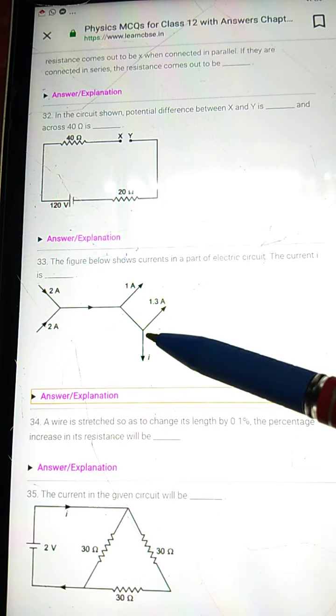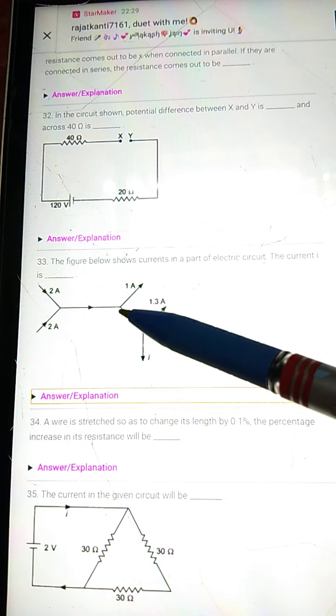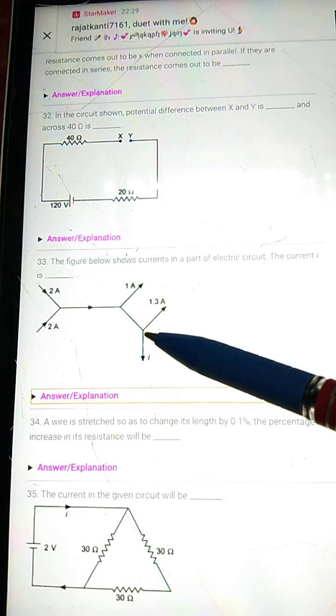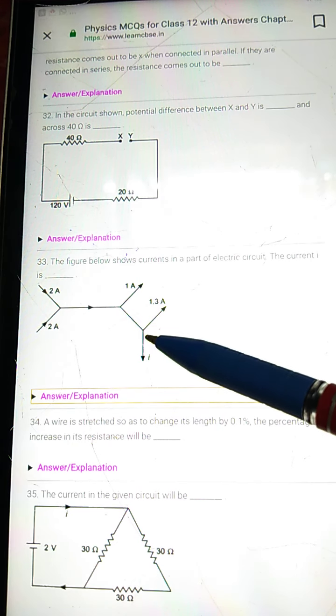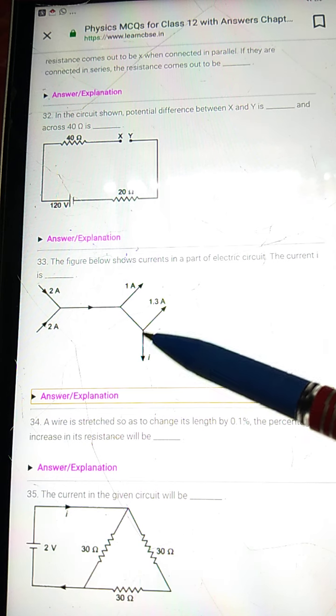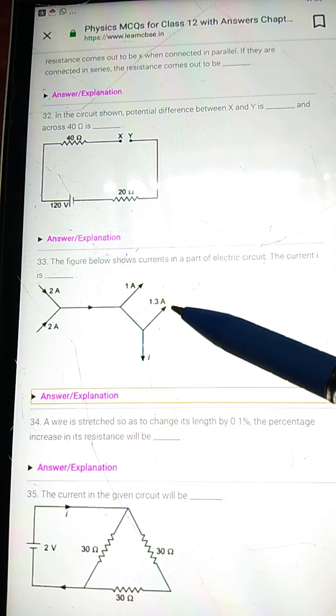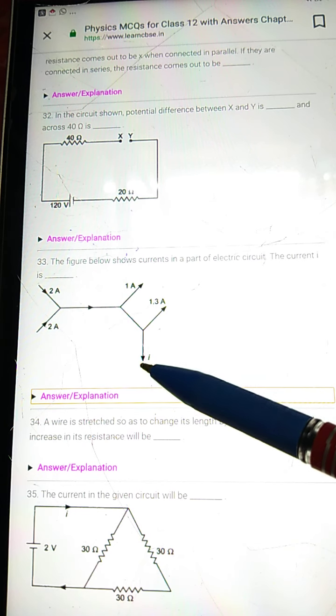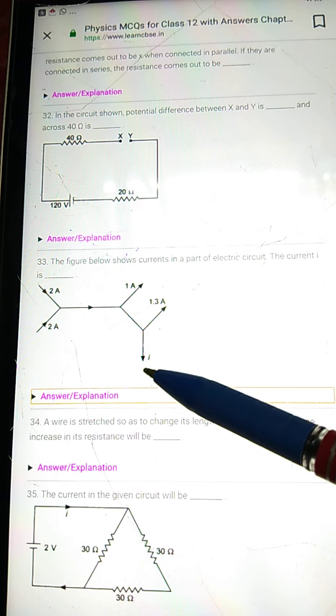Therefore 3 ampere of current will go through this side, and 3 ampere current is coming through this branch. Out of this 3 ampere, 1.3 ampere turns to this branch.